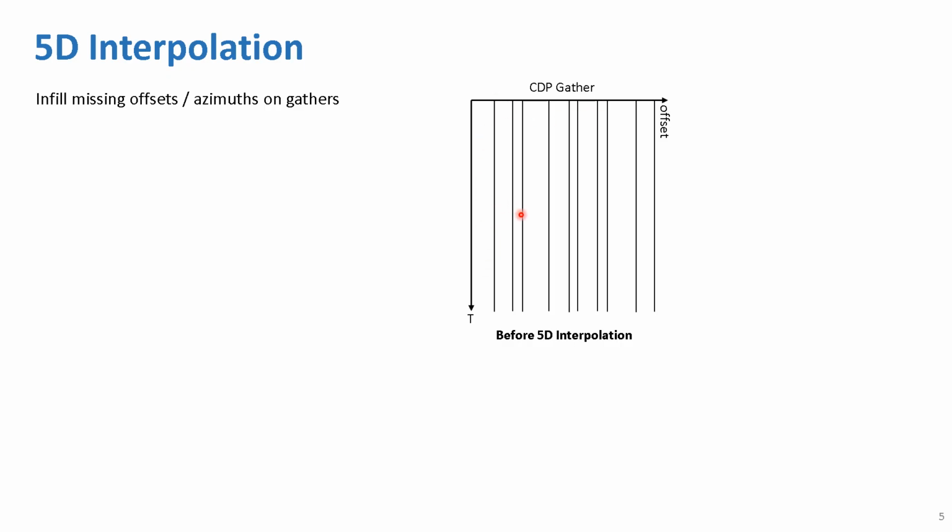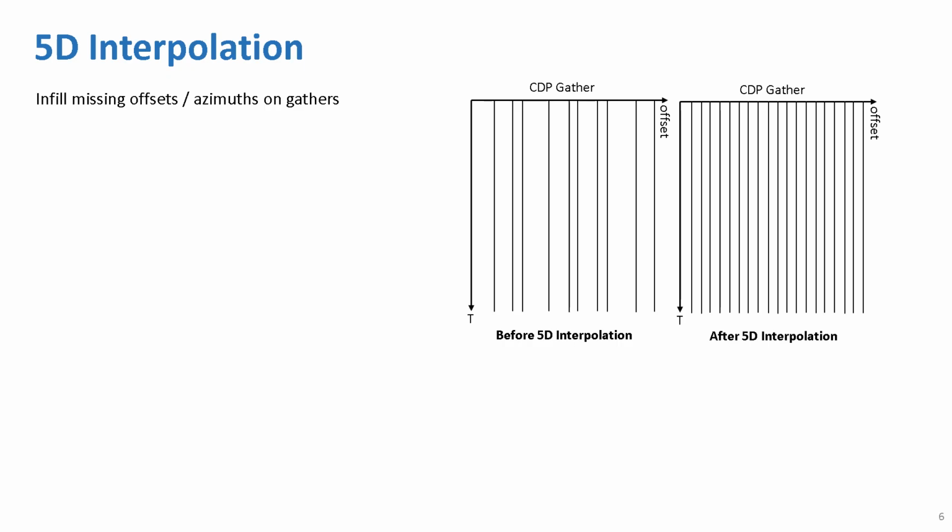Each vertical line here would be an individual trace, but notice there are gaps where we have missing coverage, which is not unusual in land 3D surveys. After 5D interpolation, we would have a much more regular coverage like this. So for every offset-azimuth increment, we would have an individual new trace.